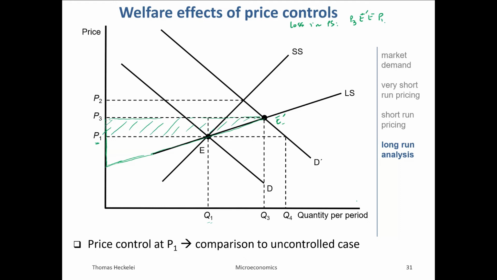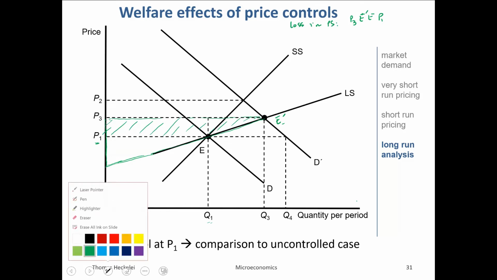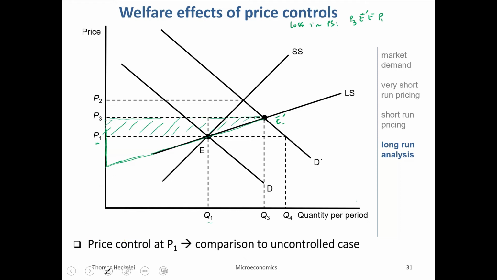Now let's move to the consumer surplus, but let's first properly change the color so it's easier to see. By definition, consumer surplus is the entire area that I'm shading that is above the market price and below the demand curve.